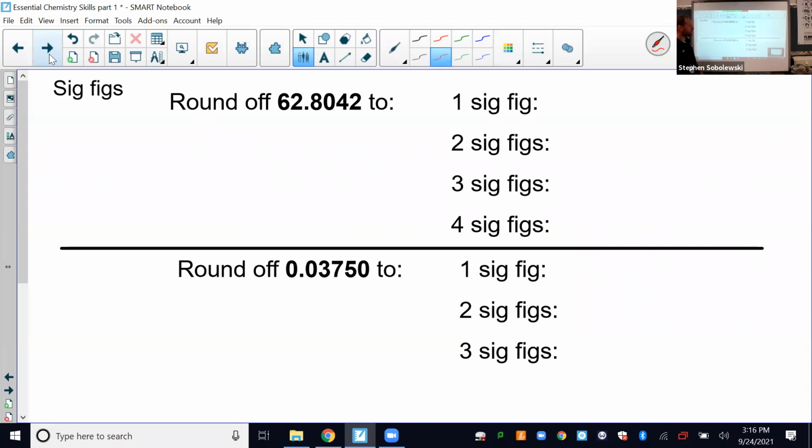Okay, 2 more to practice with. Go ahead and pause the video, try these, and then unpause it. Round this off to 1 sig fig is going to be 60. 2 sig figs, 63. 3 sig figs, 62.8. 4 sig figs, 62.80.